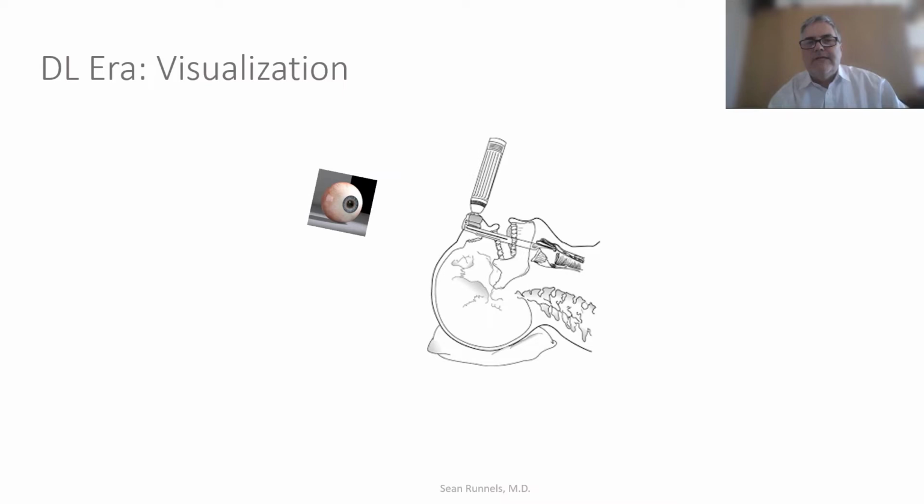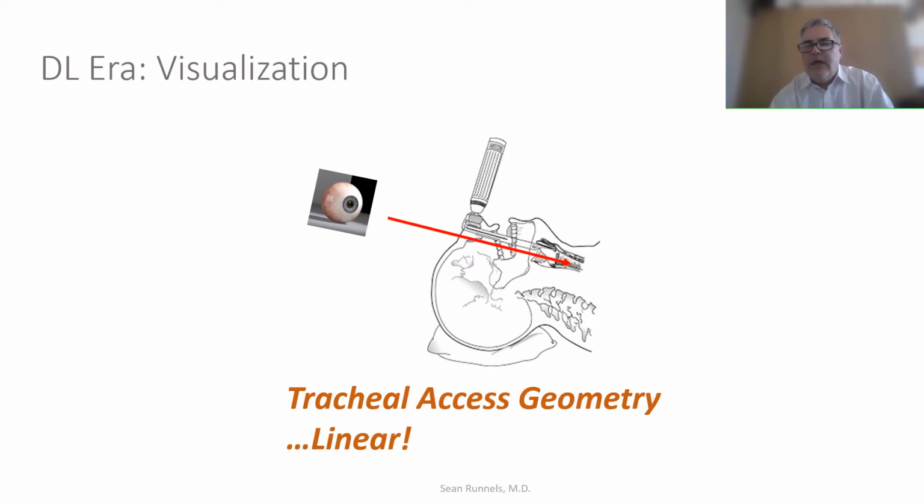Okay, so DL era visualization: you line your eye up with the trachea, create a direct line of sight, see the glottis, and that's all linear. So this is a very linear technique. Tracheal access geometry, linear.